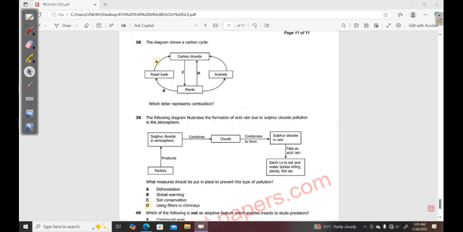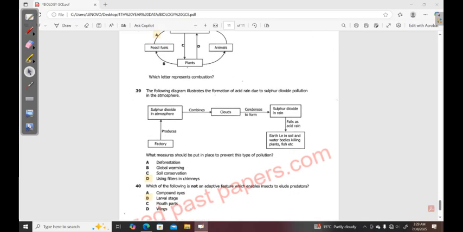And the carbon dioxide being used by plants or being produced by plants. So the question is, which letter represents combustion? Combustion is when you actually burn something, carbon dioxide is produced. So in this case, the correct answer is from the fossil fuels. It's going to produce the carbon dioxide.